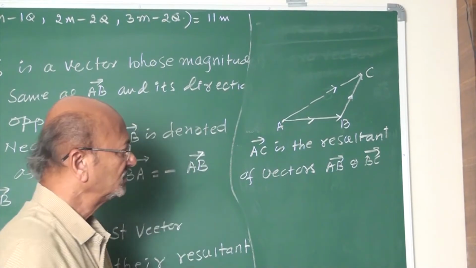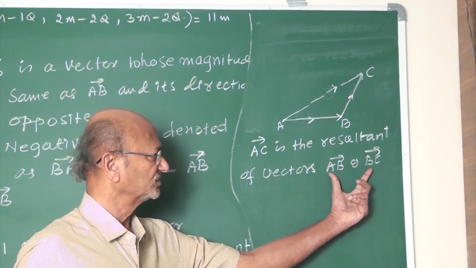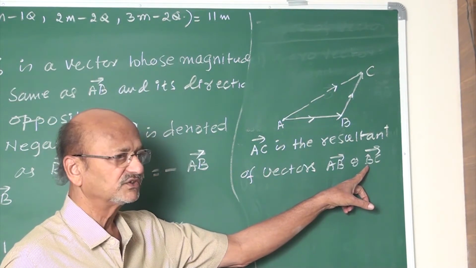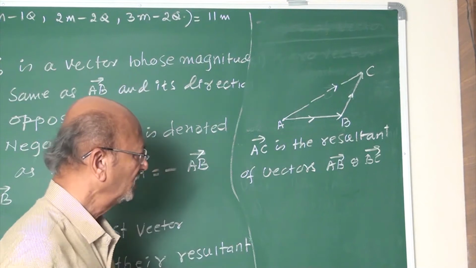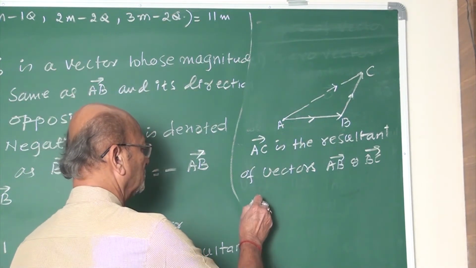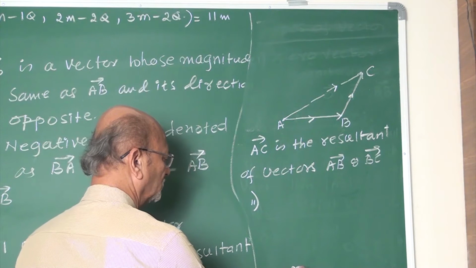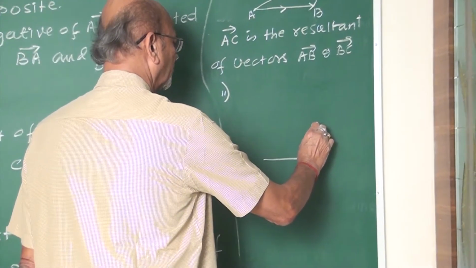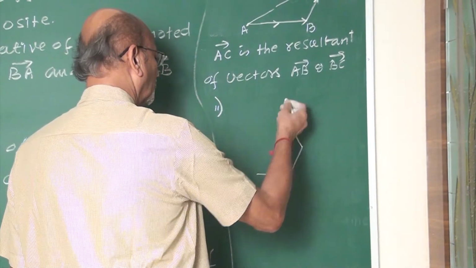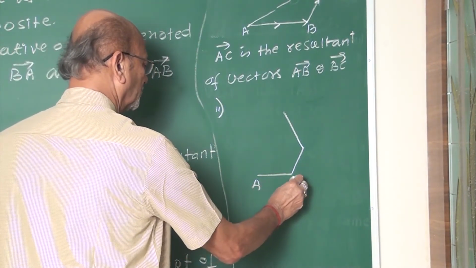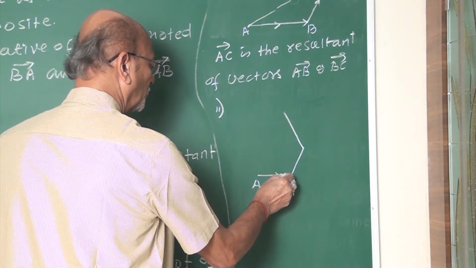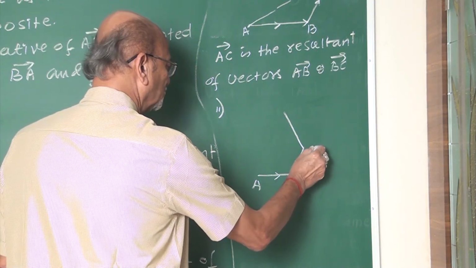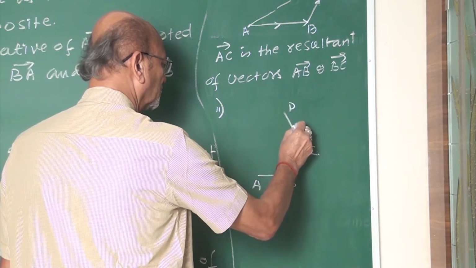Yes, my friends, these are two such vectors. End point of the first vector is same as initial point of the second vector. This must come. If you wanted another example here, we can consider more than two. This is one. This is two. This is third one like this. Say this is AB. This is the end point, then it is the beginning point. Then this is C. This is D. This is the third.